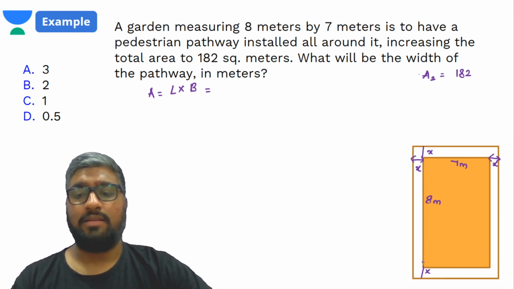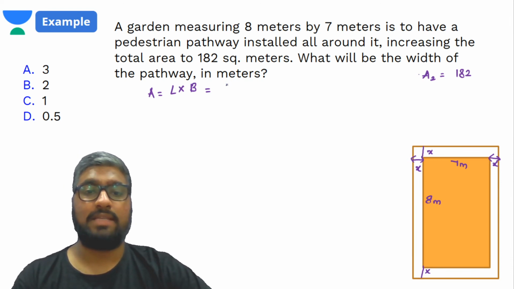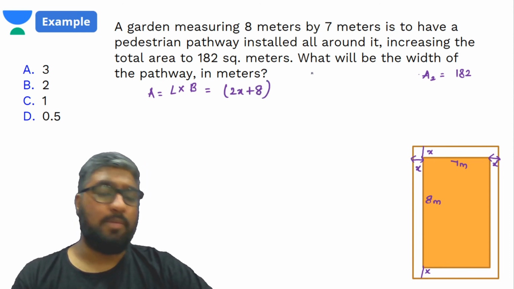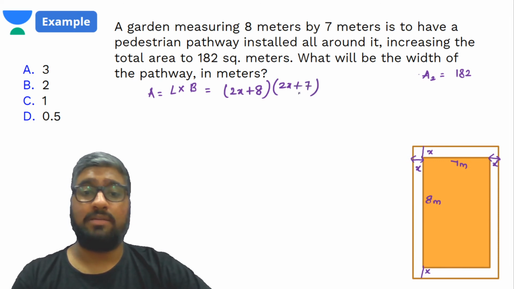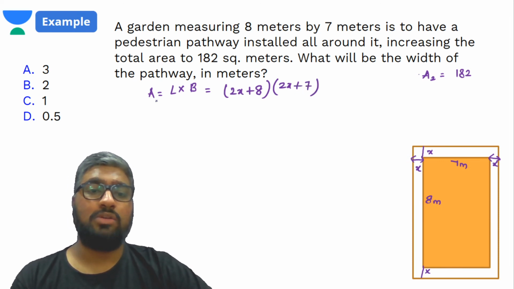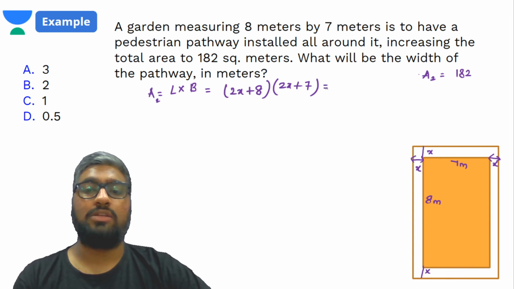Look at the length. It is 8 plus x plus x, which means 2x plus 8 would be the length. How about the breadth, guys? Again, 7 and 2x's, which means 2x plus 7 would be the breadth. What do we know about the new area?